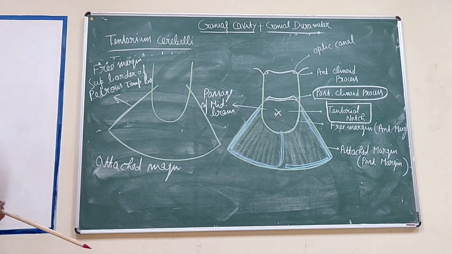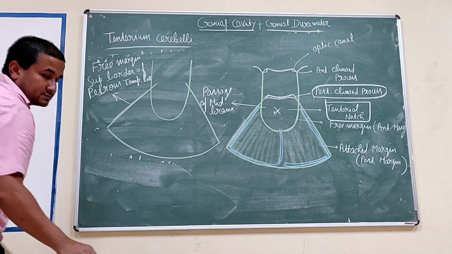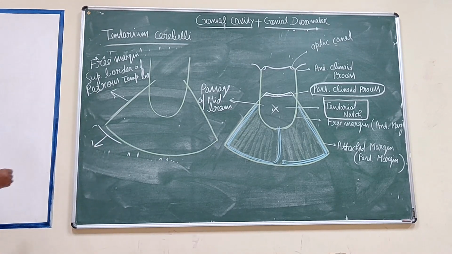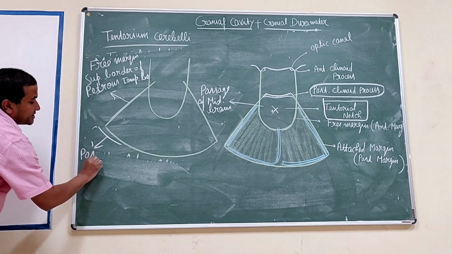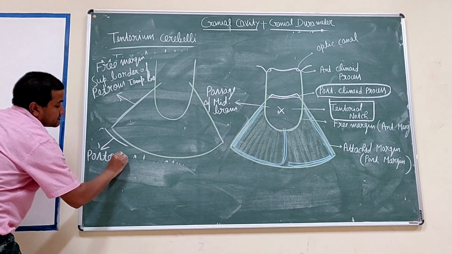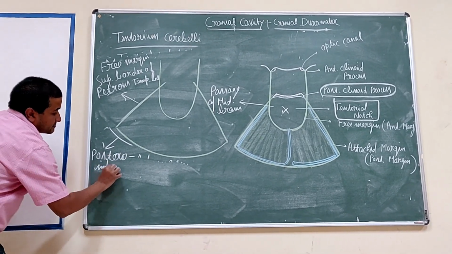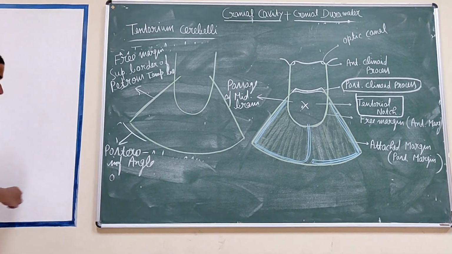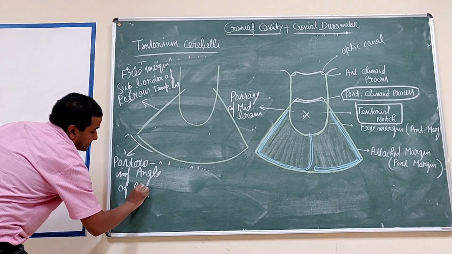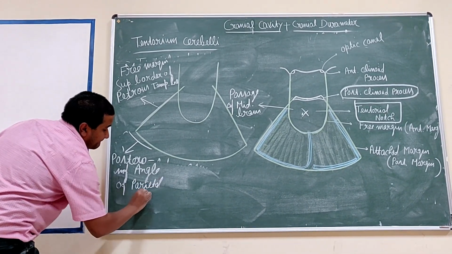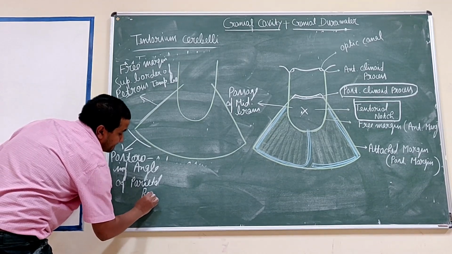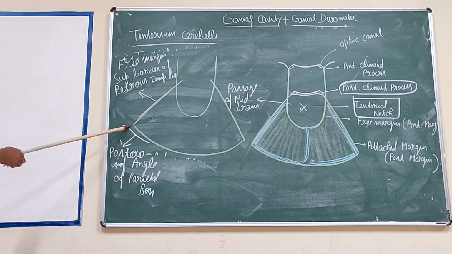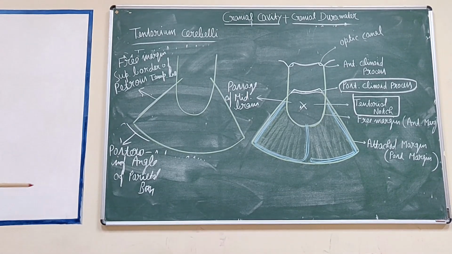Now this posterolateral part is attached to the postero-inferior angle of the parietal bone. On both sides, this posterolateral part is attached to the postero-inferior angle of the parietal bone.